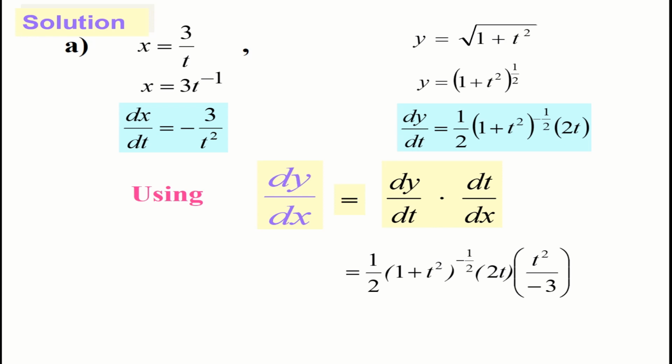Since dx over dt is negative 3 over t squared, dt over dx we can invert it. So it will be t squared over negative 3. Then we can simplify dy over dx. For this case we can cancel 2, and finally we simplify, we get negative t cubed over 3 square root of 1 plus t squared. This is the answer in the simplest form for dy over dx.